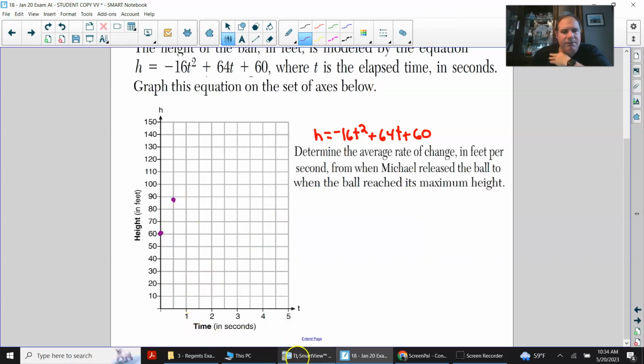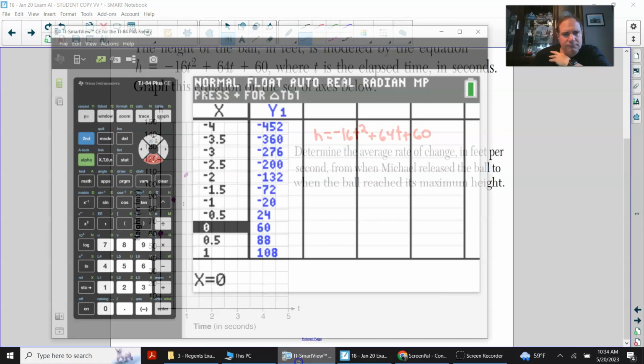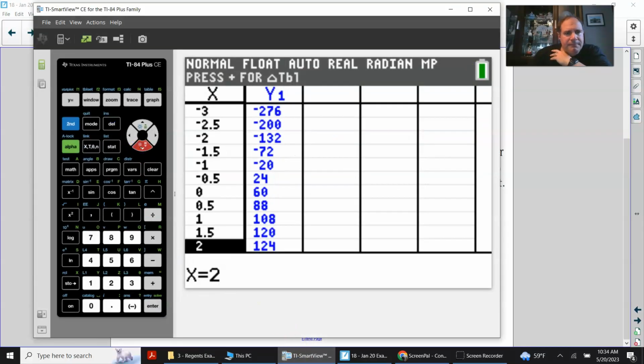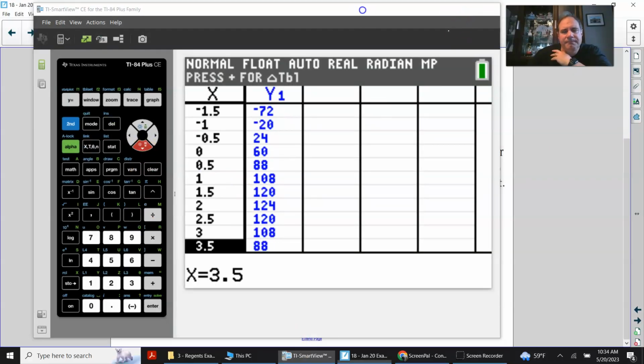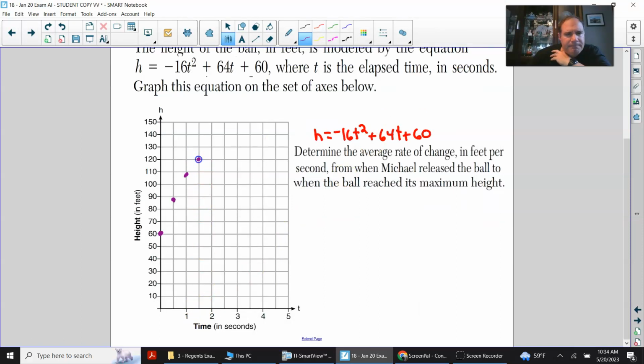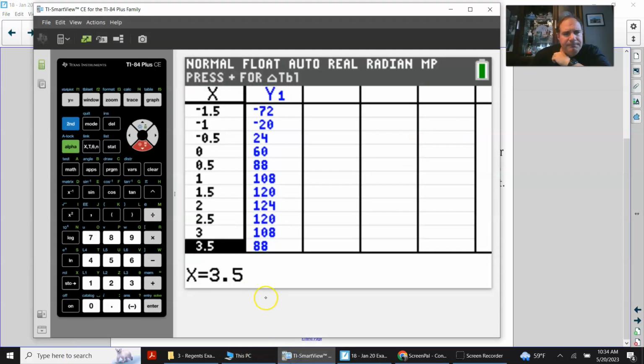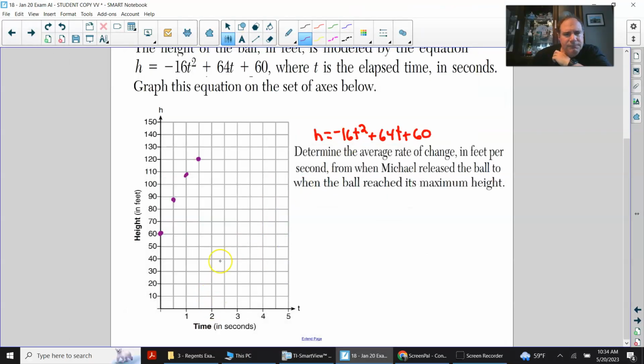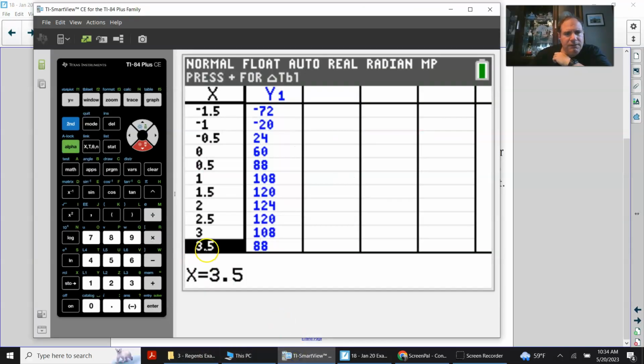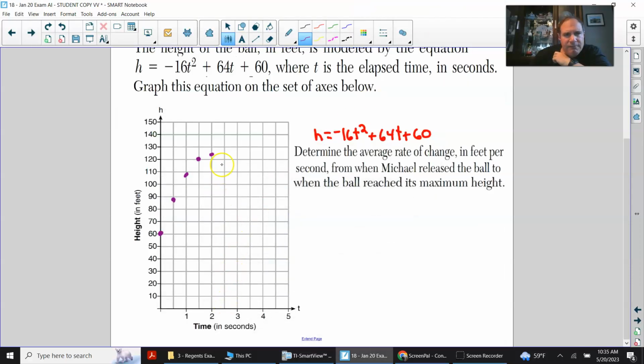You don't have to even graph it if you don't want to. 1, 108, which is right here. 1.5, 120. 2, 124 would be right about there. 2.5, 120.